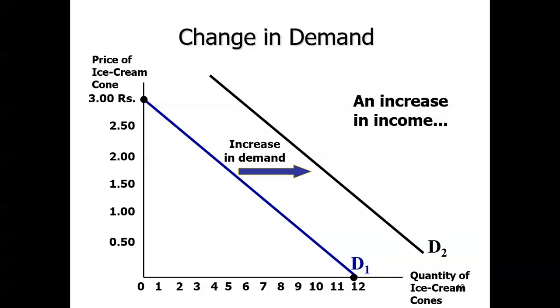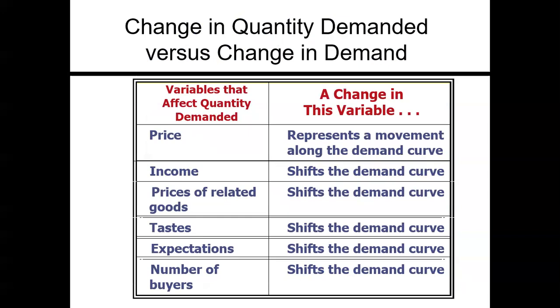When income increases, it changes the demand itself. These are the different parameters. Price, income, all these variables affect the quantity demanded. Price represents movement along the curve. If income increases, the demand curve shifts; price of related products, taste and expectations also shift the demand curve, like that.